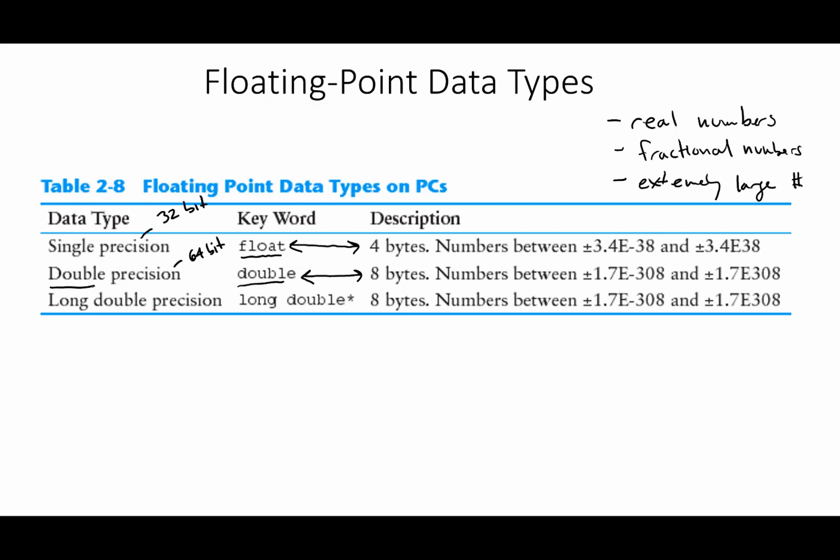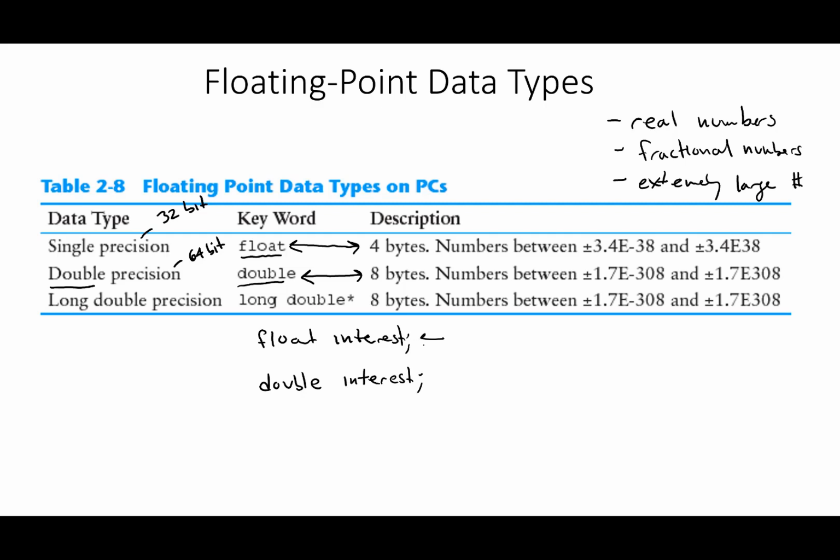If we want to declare a single precision floating point number or variable, we'd use float, and then the name. Let's just call this interest. Or we could also do double interest.